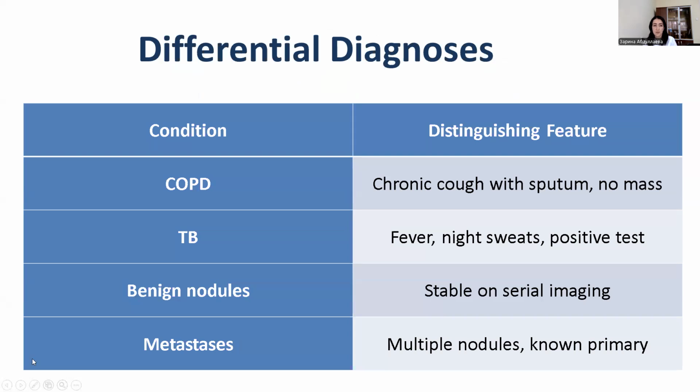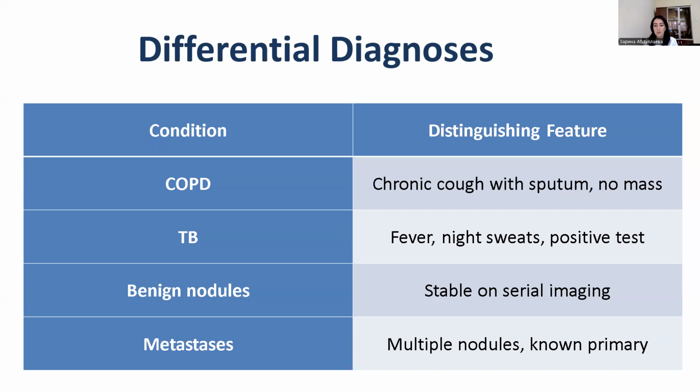About the diagnosis, we have to do a differential diagnosis of lung cancer with conditions like COPD, TB, benign nodules, and metastasis. In COPD, the distinguishing features will be chronic cough with sputum and no mass.